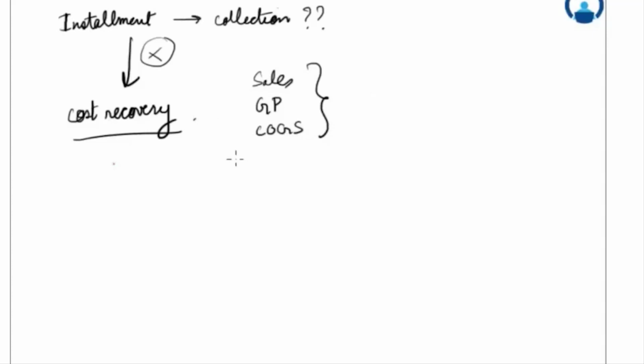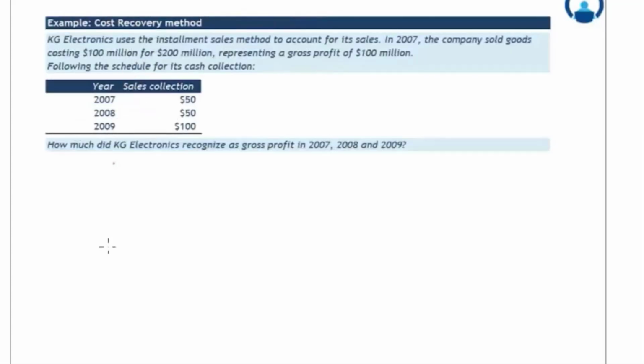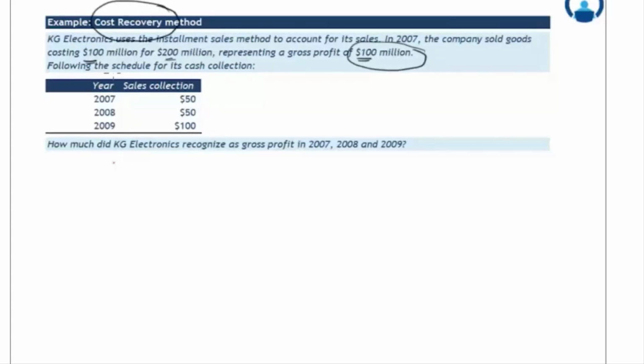So let's take an example and see how it can be implemented. We'll go back to the previous case, the KG Electronics case. We had seen that the overall cost was 100 million and the revenue was 200 million. So the gross profit that the company eventually makes is 100 million. If we apply the cost recovery method, we will not recognize the gross profit until all the cost is fully recovered. So let's go to 2007.